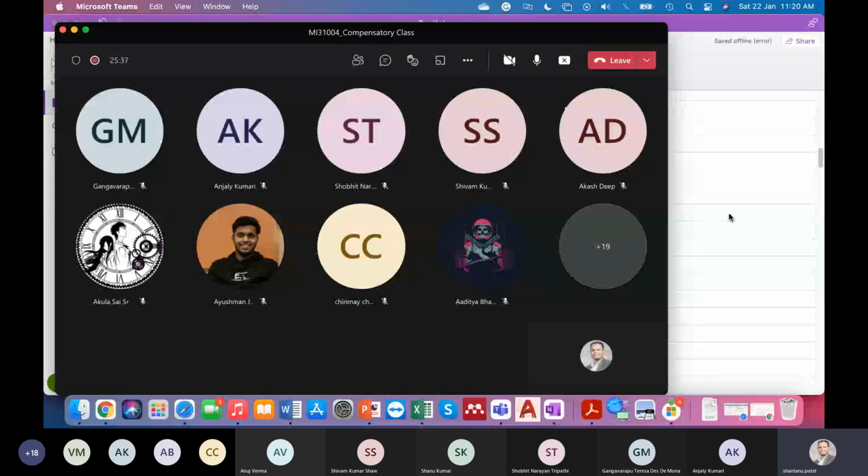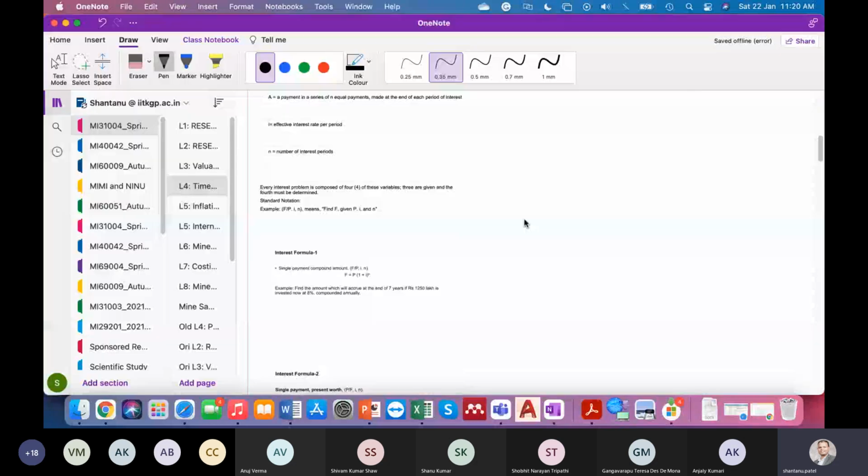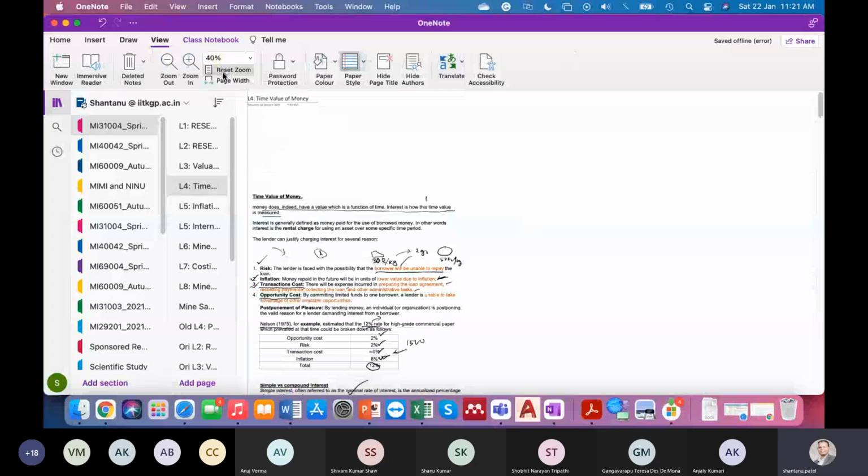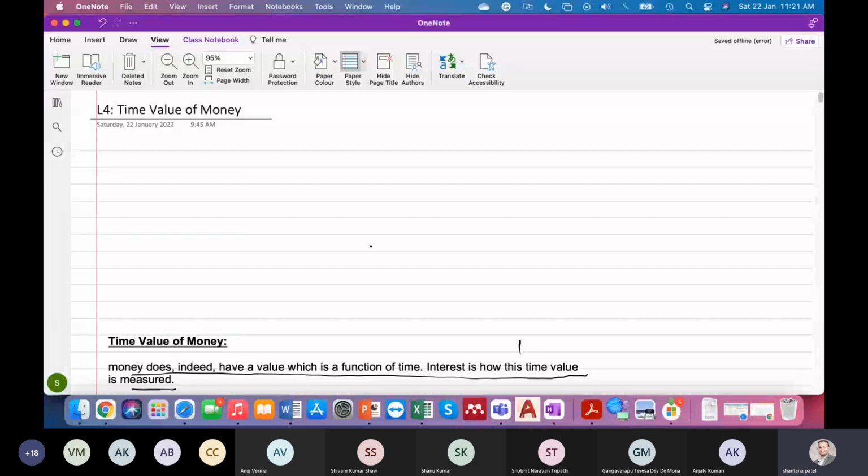So we were talking about this time value of money. So before that, actually, we talked about three valuation techniques, right? First, can anybody tell me what were those?